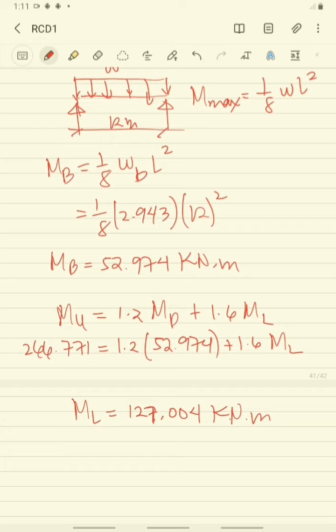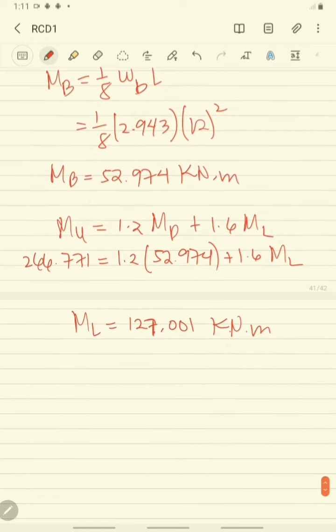This equals 127.001 kilonewton meter. That is the moment due to live load.